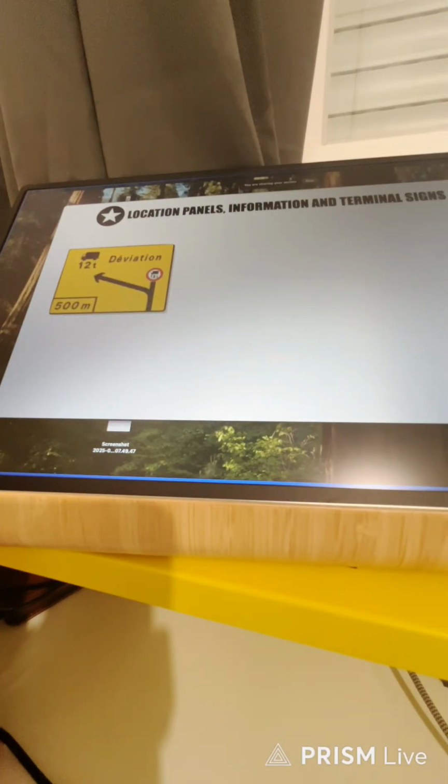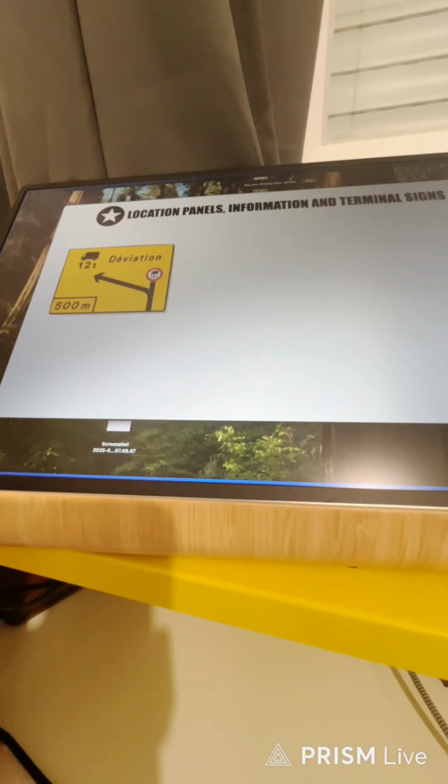What about this? You can tell me. Now this one, the road is straight for a normal car, but there is a diversion for the big car that has 12 tons.